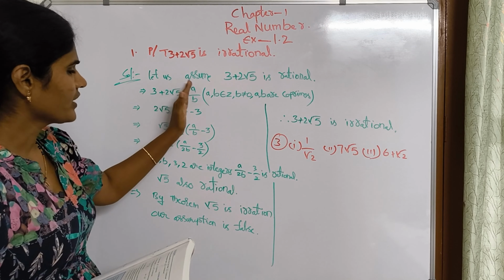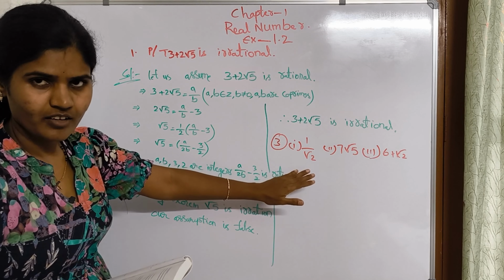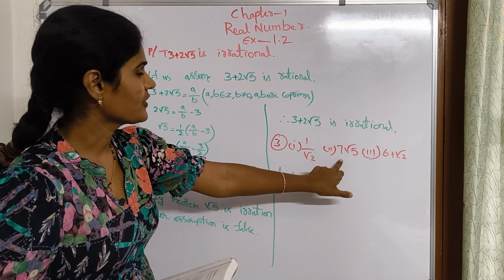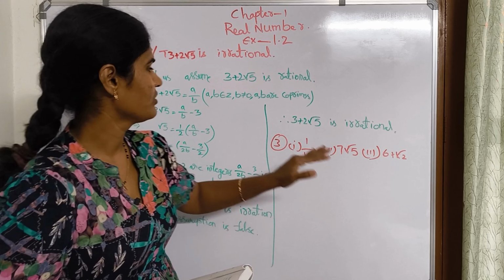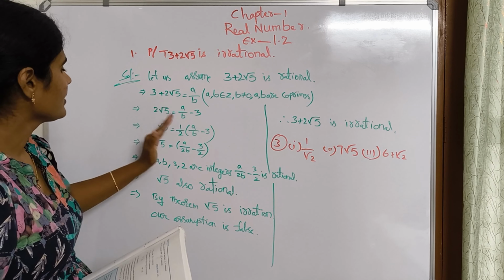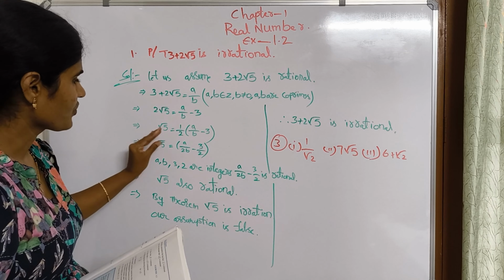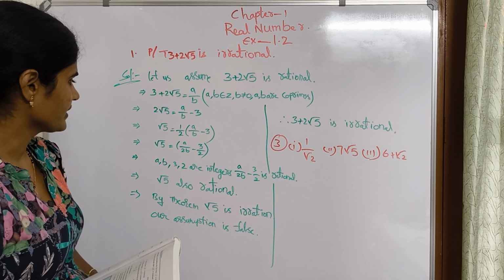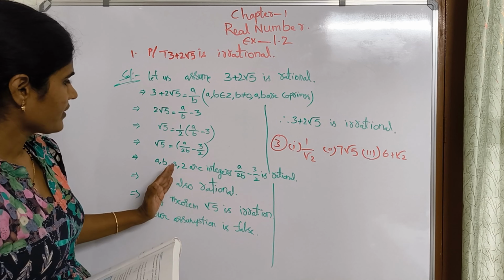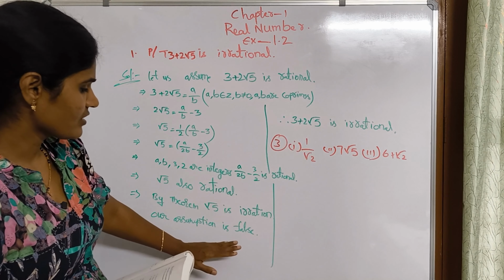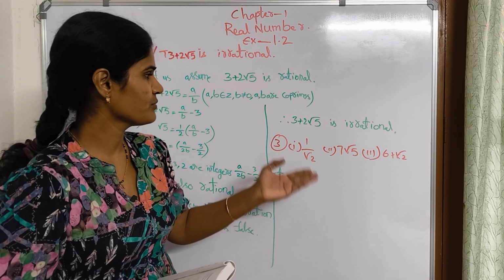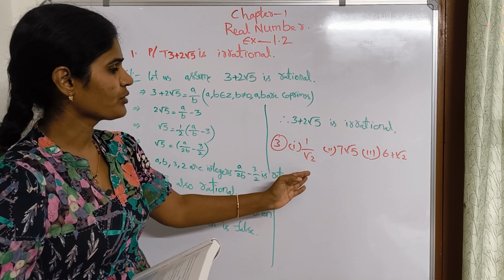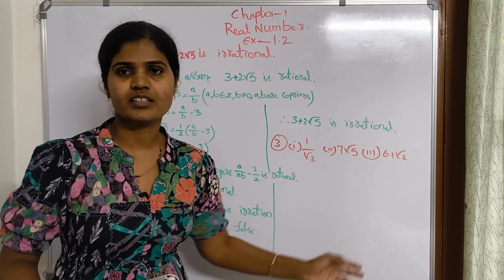First you take 1 by root 2 as our rational number. For this one also, using a by b, you do the simplification, squaring both sides and everything. You get it a little bit. For that, finally our assumption is false. Our assumption is false means the questions 1 by root 2 and 7 root 5 are irrational.